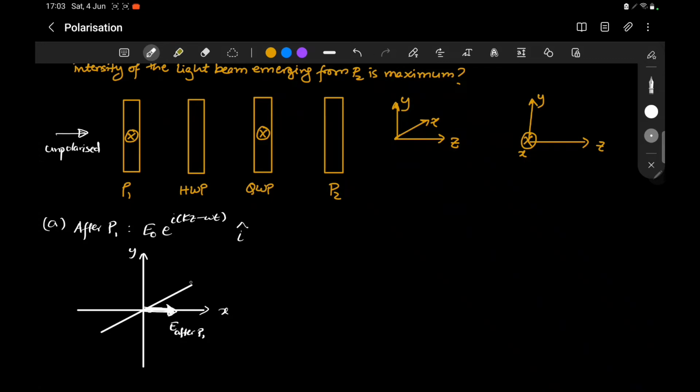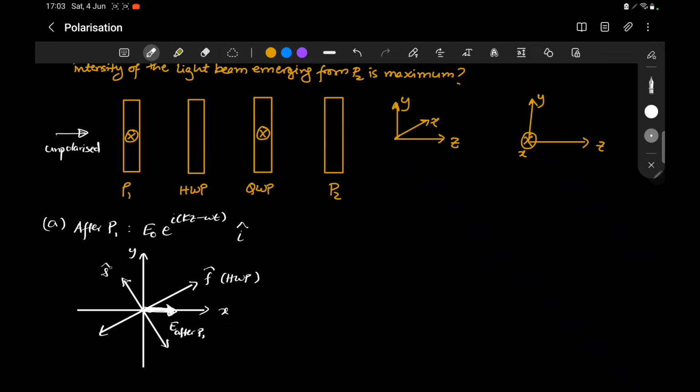So this is the fast axis of the half wave plate, and the slow axis is going to be perpendicular to this. So slow axis is going to be somewhat like this.